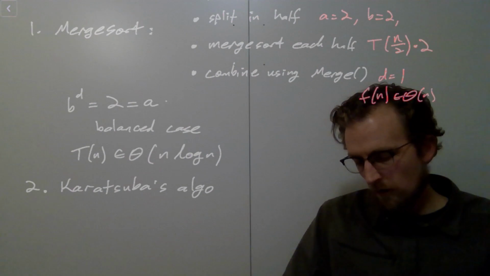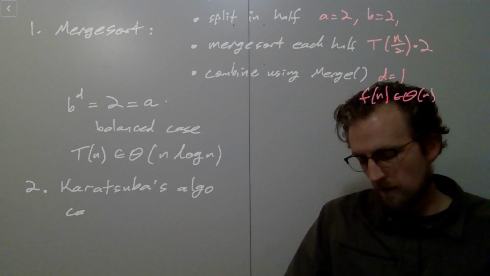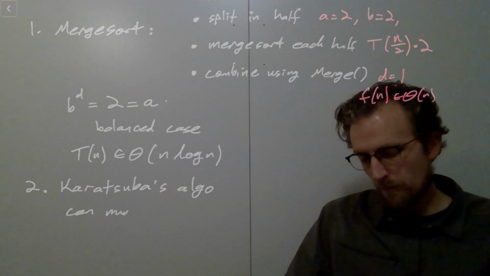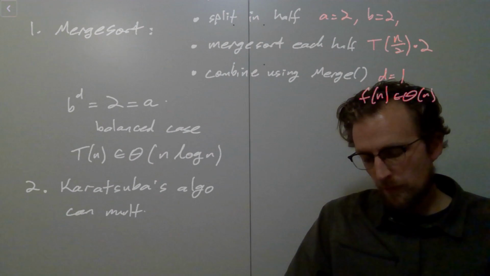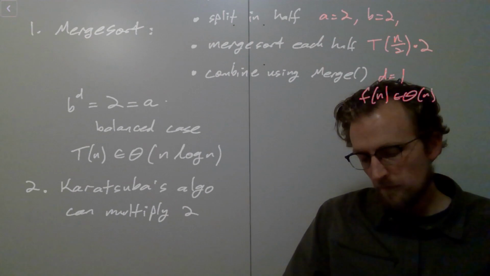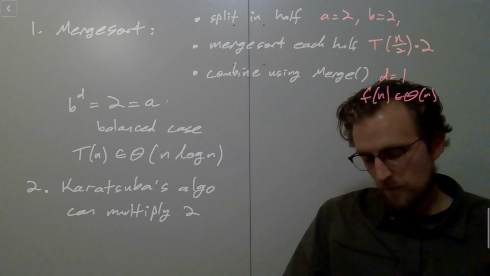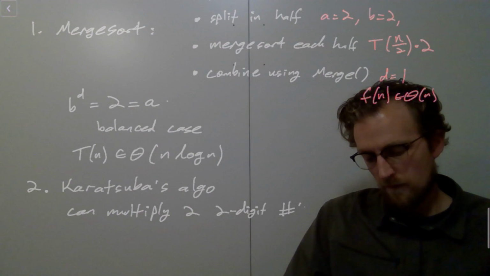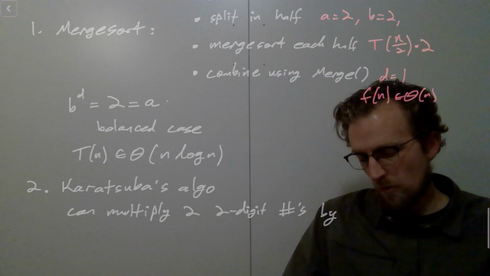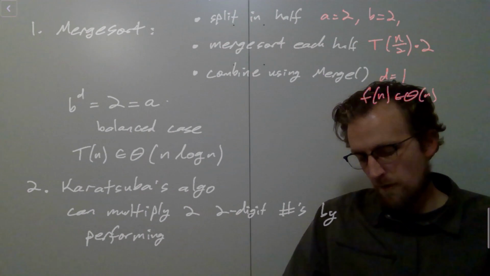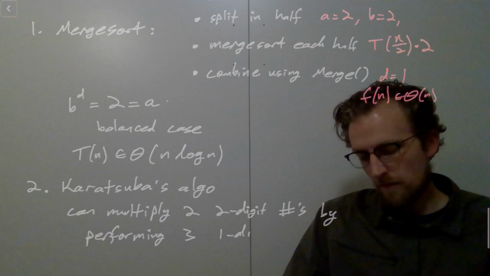Okay, so Karatsuba's algorithm says, as long as you decompose the numbers cleverly, you can multiply two two-digit numbers by performing 3 one-digit multiplications.